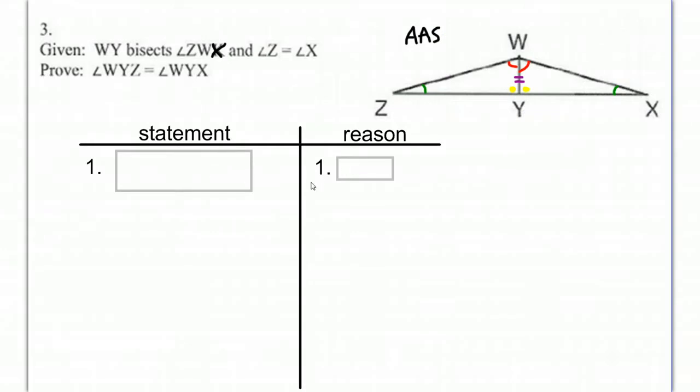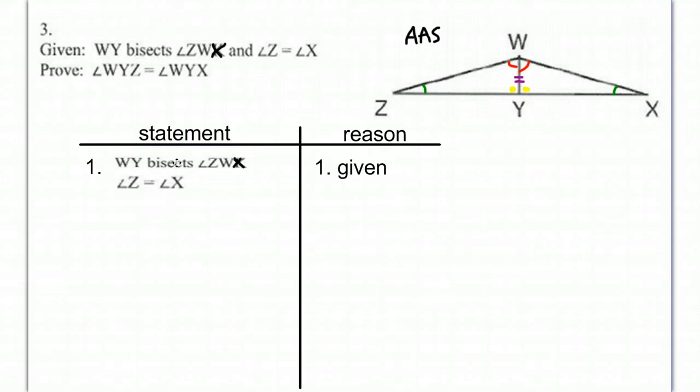We start with our given, that's the freebie information right in the problem. WY bisects ZWX, Z and X are equal. Second step we're going to go to is to say that the two angles that are being bisected are in fact equal to each other.